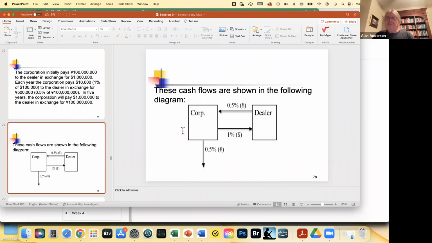So you might find situations where it's possible to lower borrowing costs by borrowing in a foreign currency and then turning around and swapping out the foreign currency for the dollar. Okay, so that would be just another example when a currency swap could be very helpful.